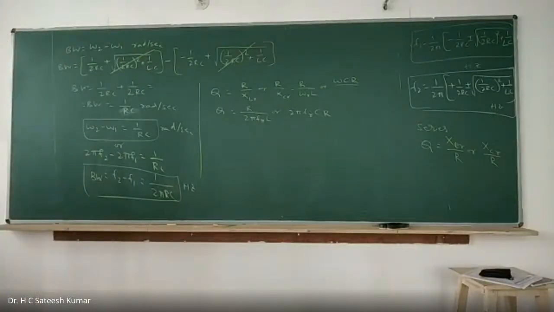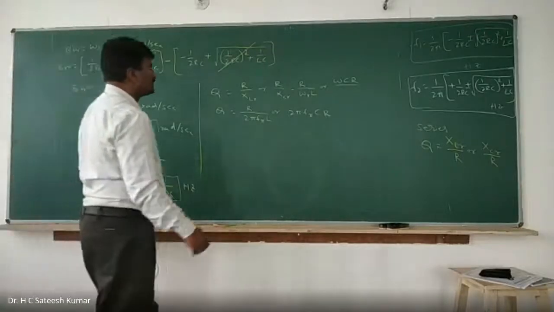And what about bandwidth? Bandwidth in terms of F2 and F1 is equal to 1 by 2 pi RC. So Q is equal to FR divided by 1 by 2 pi RC.